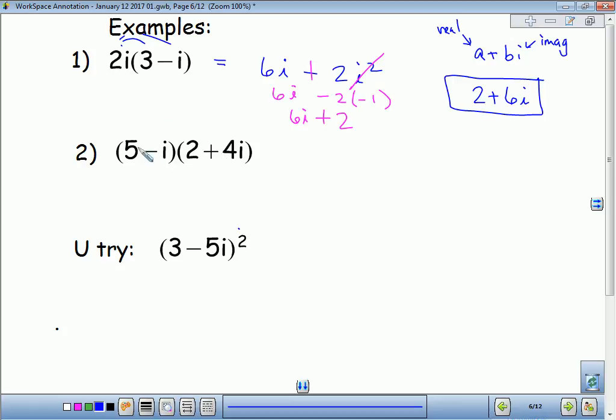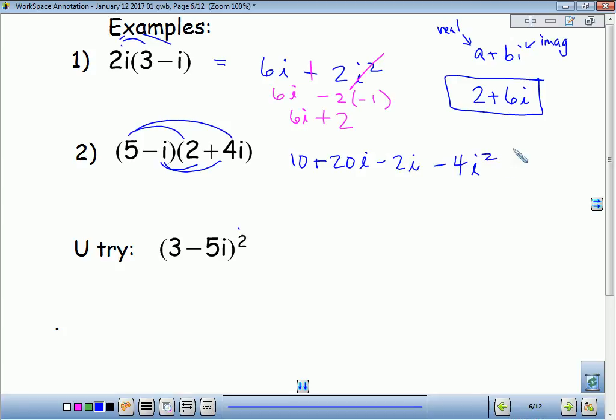Okay, so here we go. We're going to multiply this complex number times this complex number. So really, it's just distributed. So we're going to distribute the 5 through, and then the negative i through. So we distribute the 5 through and we get 10 plus 20i. Distribute the negative i through and we get negative 2i minus 4i squared.